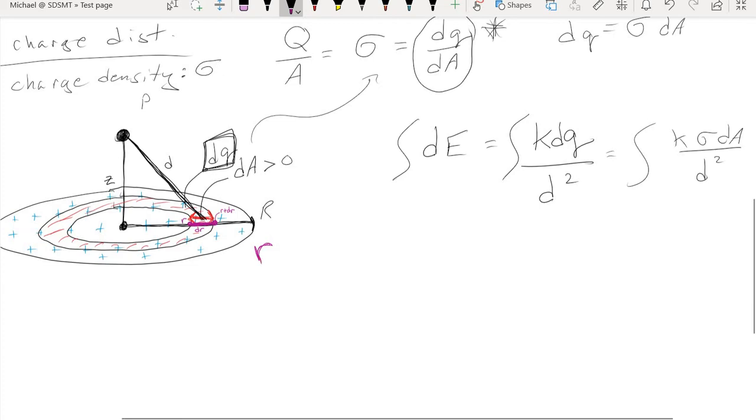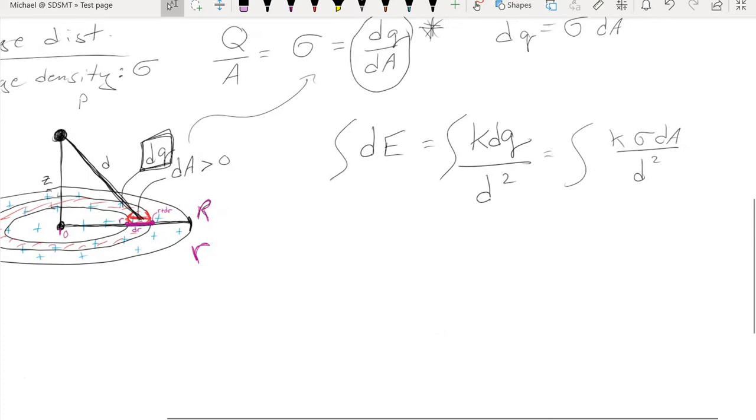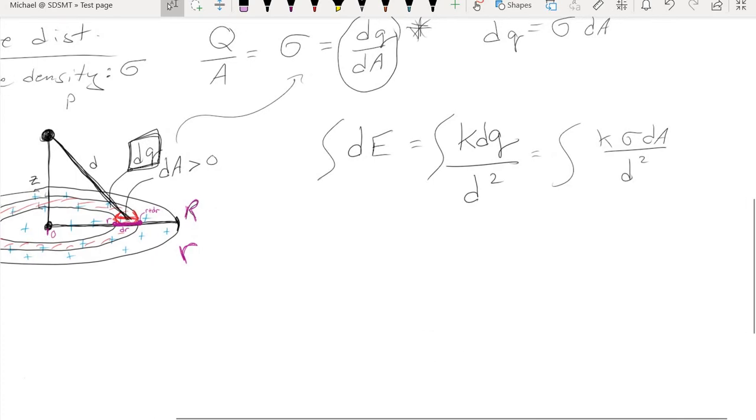We have changing radial values for each concentric ring that we're going to add up. Eventually, we're going to have to add up all the rings from 0 out to big R. But that means that if we're going to integrate with respect to r, we're going to have to figure out how dA relates to little r.